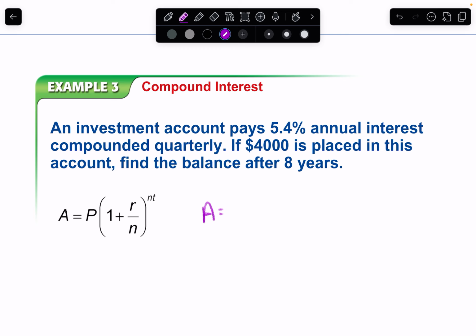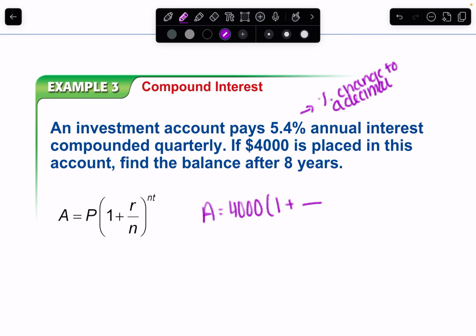So A is what I'm looking for. P is my principal amount, so how much I originally placed in the account. So I originally placed $4,000 in the account. Then in parentheses, I would have 1 plus. R is your rate. So it is 5.4%. However, your percent, you need to change to a decimal.